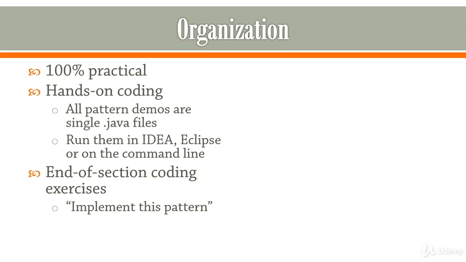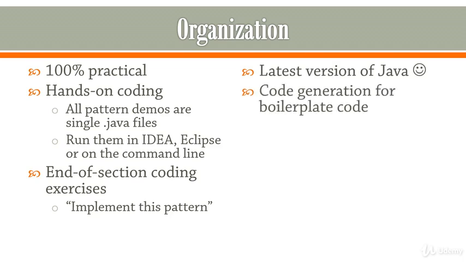Now, in terms of the demos, I'm going to be using the latest version of Java, obviously. I'm also going to be doing some code generation behind the scenes, generating some boilerplate code so as not to waste too much of your time. Now, I'm going to go with the approach where I have many non-public classes per file. This is not the canonical Java approach. In Java, typically you have one class per file. However, I'm going to do this specifically so that we don't waste too much time jumping from one file to another.